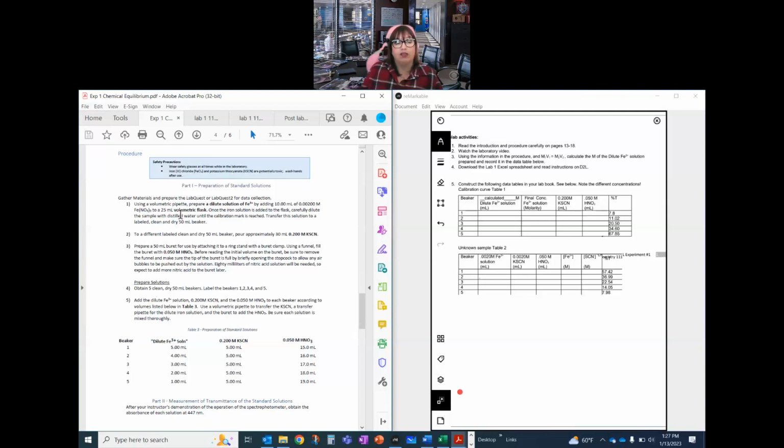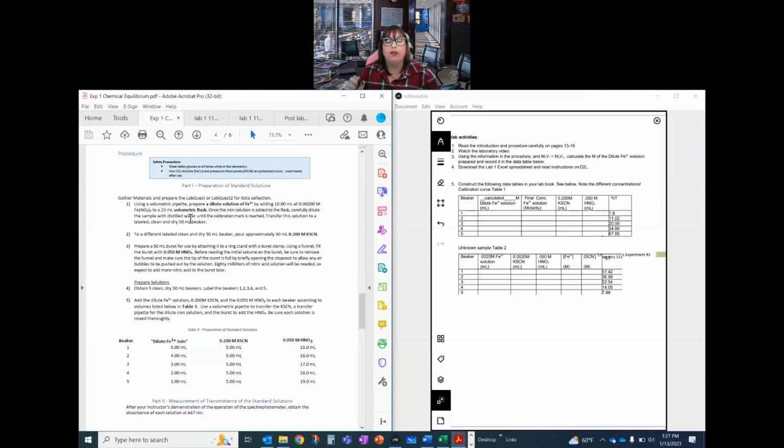Once it's added, carefully dilute the sample with distilled water to the calibration mark. So since it's a 25 ml flask, that line is going to be exactly 25 mL. These are very precise little things that we work with. Okay, so that's the information that I need to determine how this was carried out.